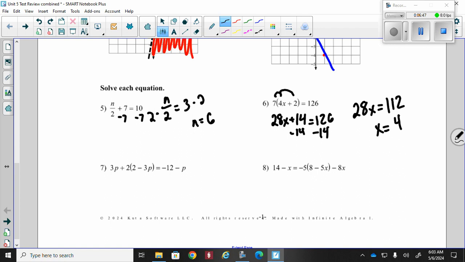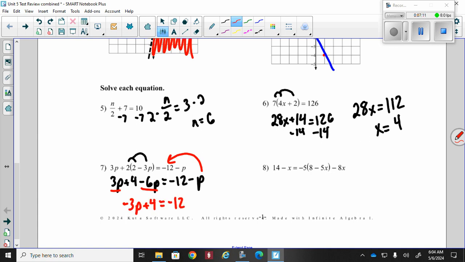All right, this one here is a little more involved. You remember, whenever you see parentheses, you got to distribute, so that's 3p plus 4 minus 6p is equal to -12 minus p. All right, so I always like the letters going on this side, but before I do, I'm going to go ahead and combine this to get -3p plus 4 is equal to -12 minus p.